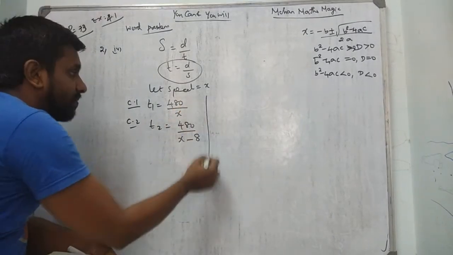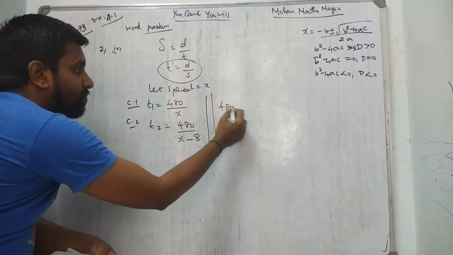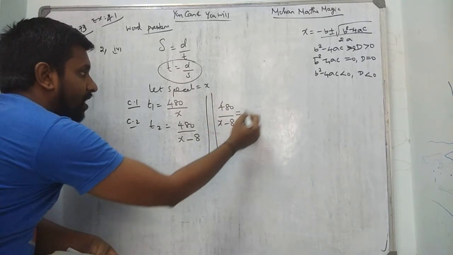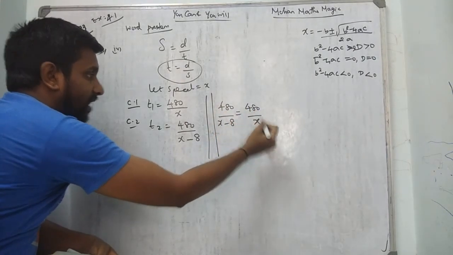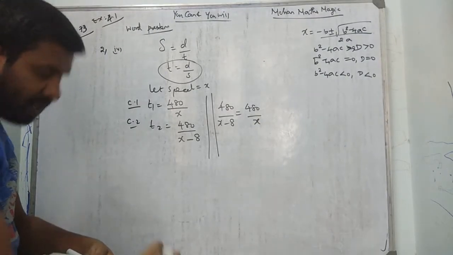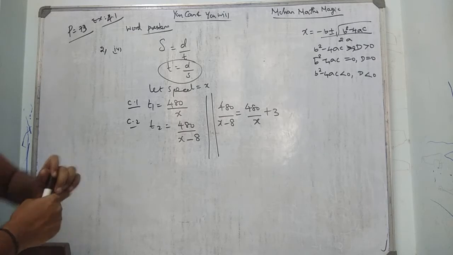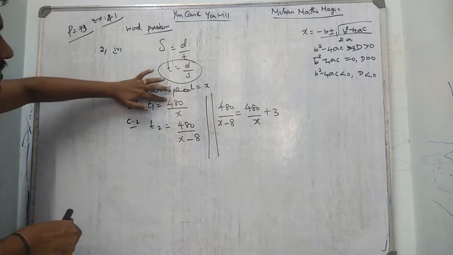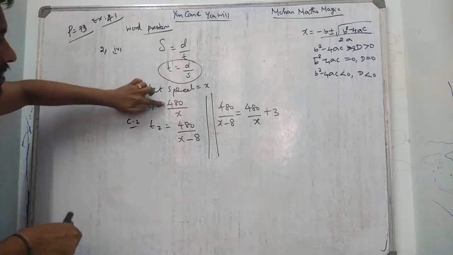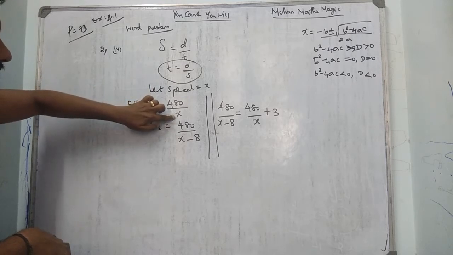Now the concept. If the speed reduces, how many more hours is it taking than the normal time? Plus 3. This is the concept. Let's explain again. T1 is distance by speed. Distance 480, x is the first speed.